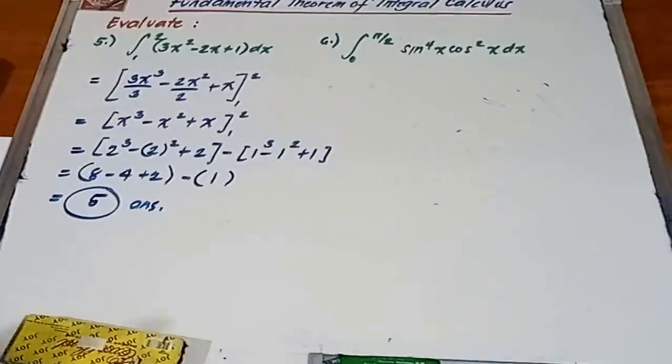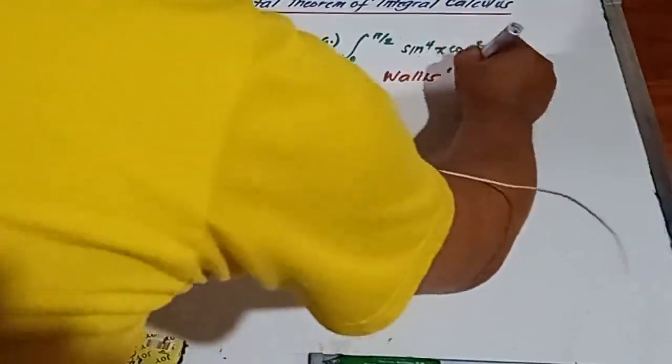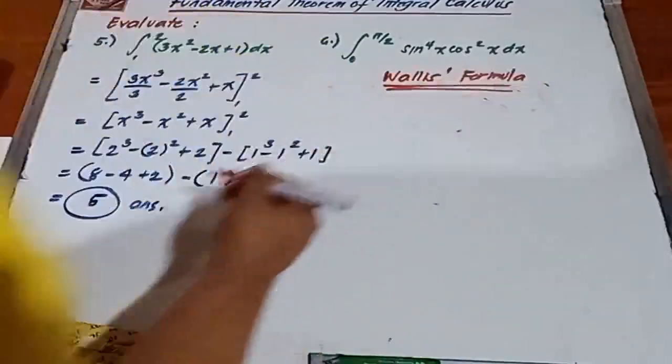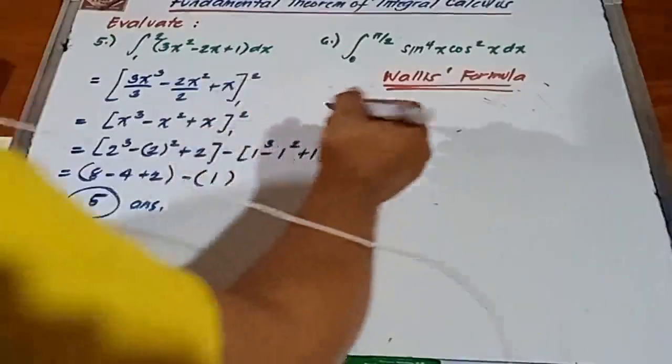Now, for example number 6, sulat ko muna yung ating mga kailangan para ma-solve natin example number 6. Pero madaling paraan para ma-solve to, yung tinatawag natin Wallis formula. Hindi ko na ituturo sa inyo yung Wallis formula, pero pwede naman itong ma-solve gamit yung methods of integration.